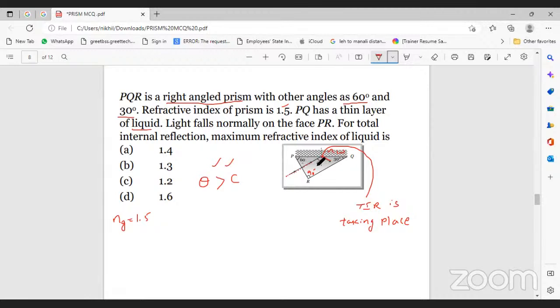From the diagram, you can tell theta is equal to 60 degree because of the corresponding angle. Okay. 60 degree is more than the critical angle. Now, shall I introduce the sine function on both sides? Sine 60 degrees should be more than sine C.